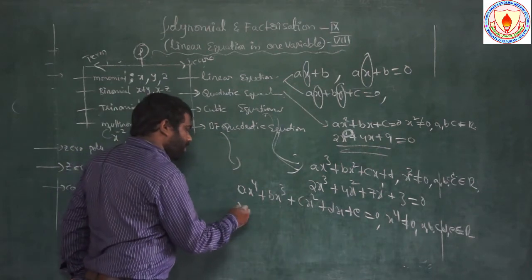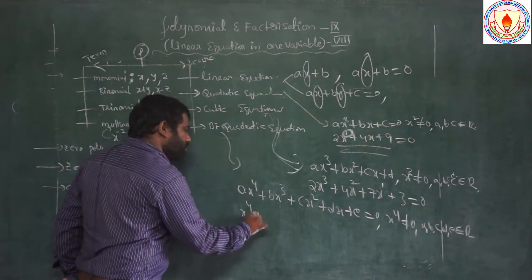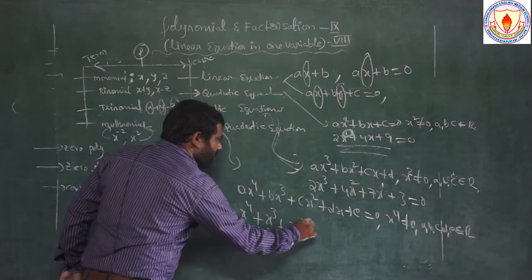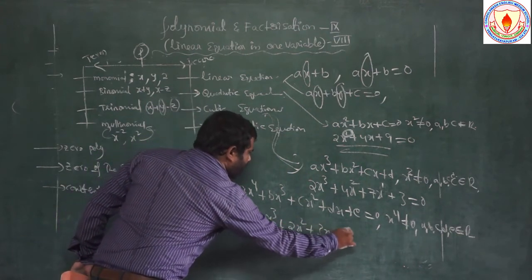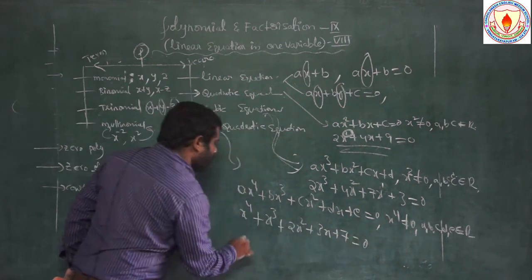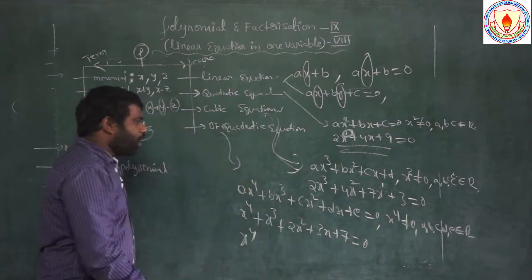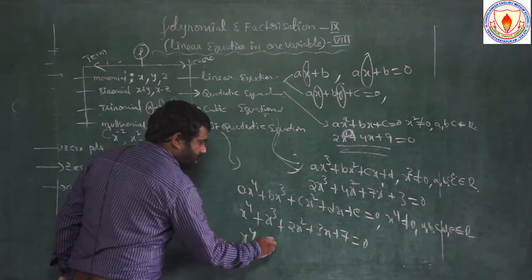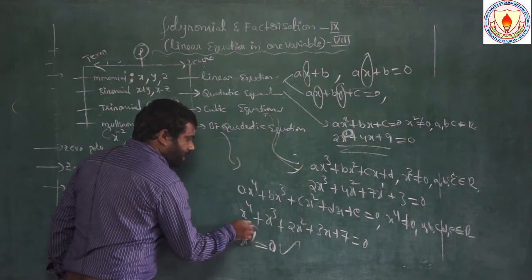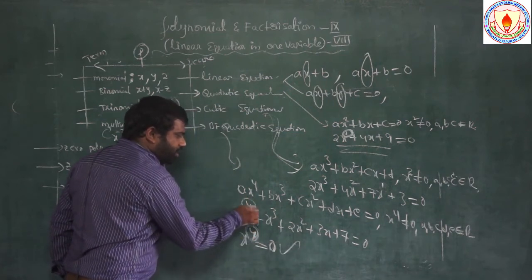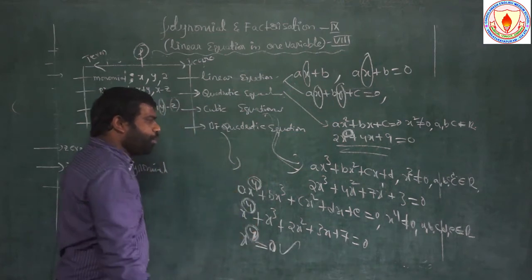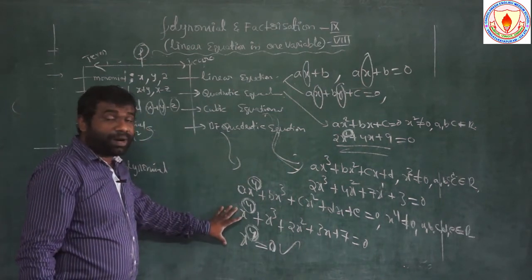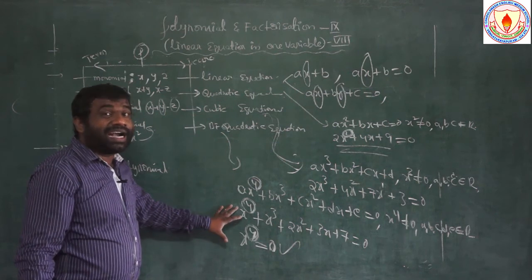So x power 4 plus x power 3 plus 2x square plus 3x plus 7, whatever it is, you have to take, no problem. X power 4 is the biquadratic equation. Why? Because degree is 4. We don't consider in these terms, but we only have to consider degrees.